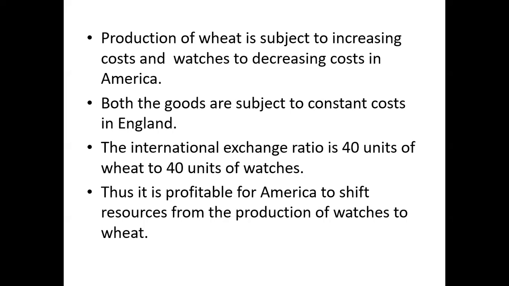The international exchange ratio is 40 units of wheat to 40 units of watches, that is 1:1. So it is profitable for America to shift its resources from the production of watches to wheat.